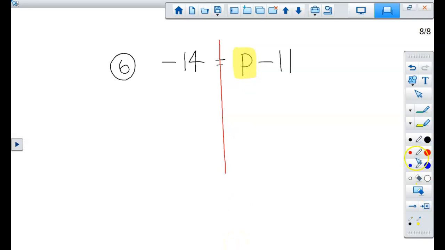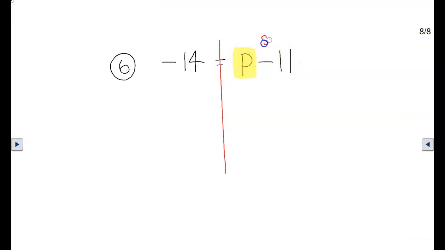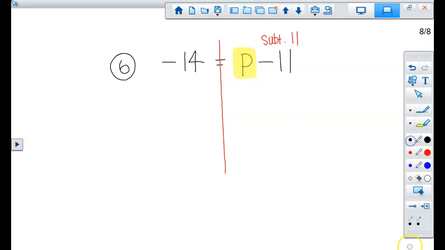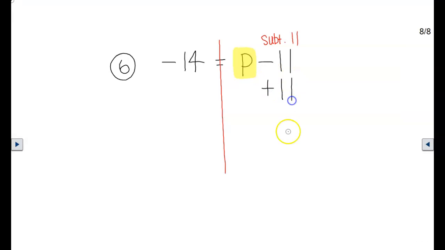So we need to look at this equation and ask ourselves, what is the one thing this equation does to P? Well, it tells you it does P minus 11. So the one thing that this equation does to P is it subtracts 11. So that's what you have to undo. To undo subtracting 11, you'll use the opposite operation, which means you will add 11.